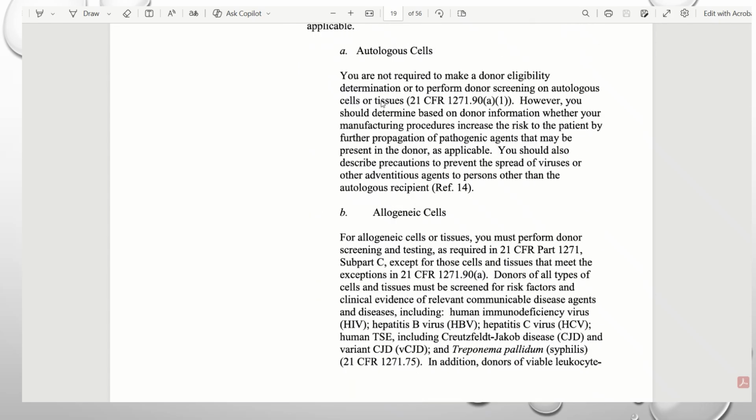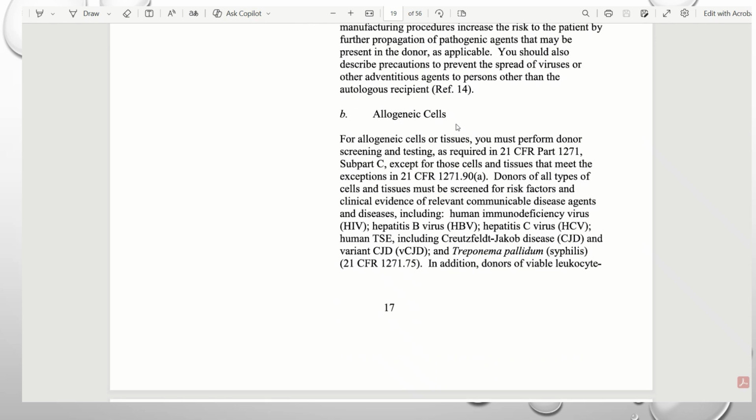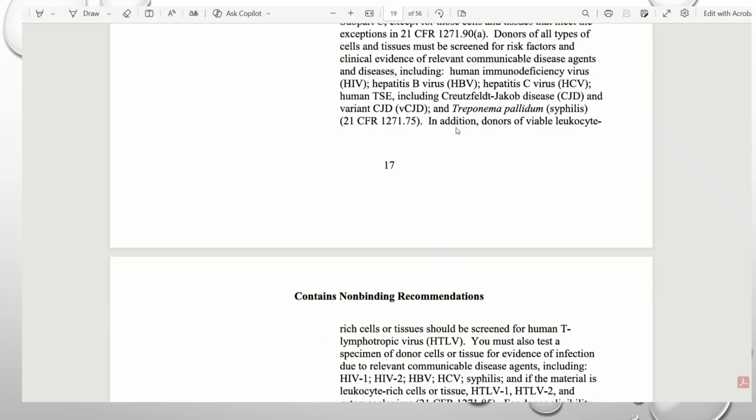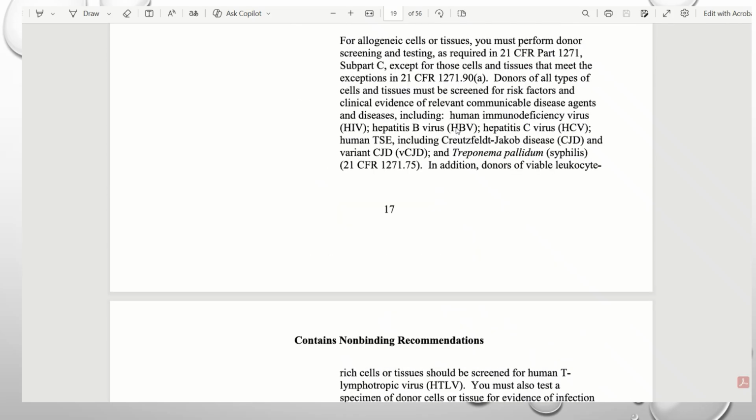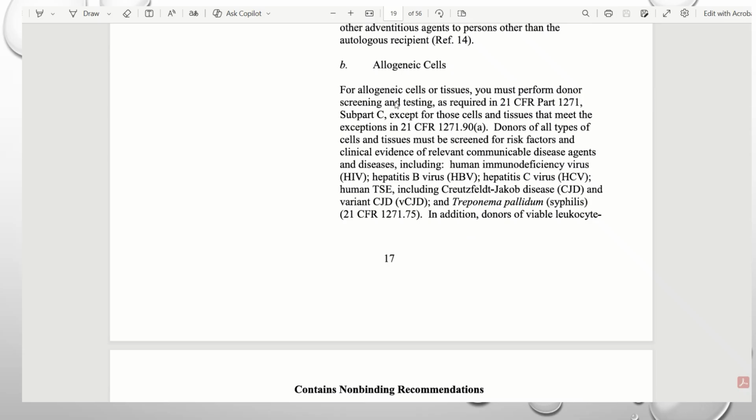As stated here, you're not required to make donor eligibility determination for autologous, but you are for allogeneic cells. You have to do a lot of screening and a lot of testing for allogeneic cells because they're derived from a source that is not the same as the recipient, and so there are certain transmissions of communicable diseases that need to be taken into account.